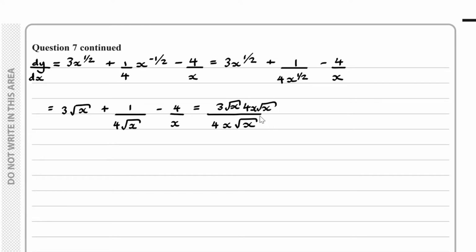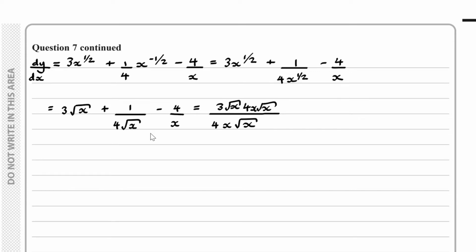Let's just extend this line. So it's as though this 4x times by the square root of x cancels on the top and the bottom, leaving us with 3 root x.